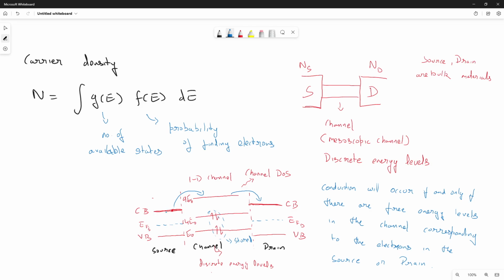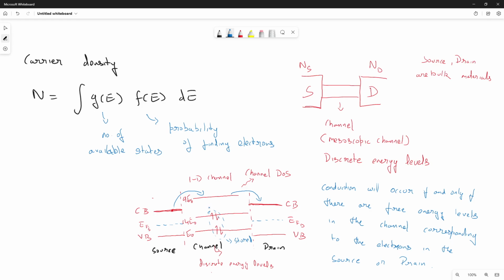Now, mobile electrons are present. Right now, I'm only talking about electron conduction. We are not talking about holes yet. Let us just consider electrons. So, for a mobile electron from the conduction band on the source side to go to the conduction band on the drain side, the only available method is to take the first unoccupied energy level. In this particular case, I'm not saying this will always be the case.